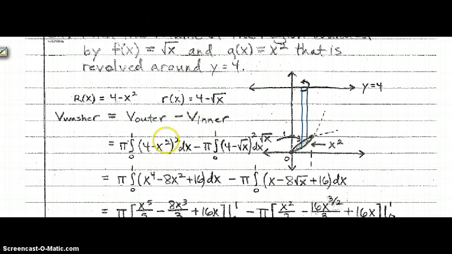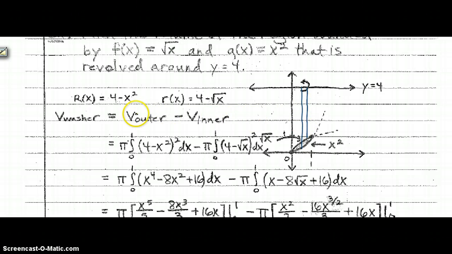So when we set up our washer integral, our outer function is 4 minus x squared. Now you might say, why is it 4 minus x squared? If you look at this blue line that I drew here, back to the outer function, I need to find that distance. So the distance from y equals 4 back to the x-axis is 4, and if I subtract off x squared, it gives me the resulting blue line.